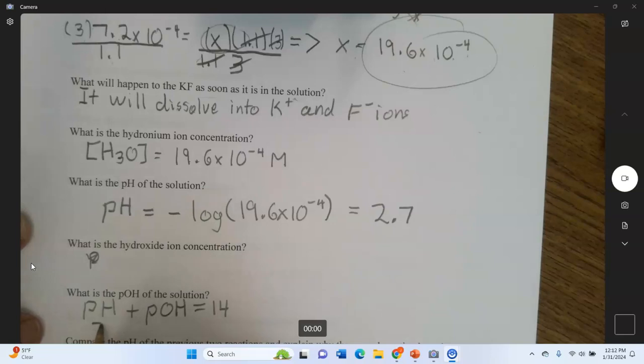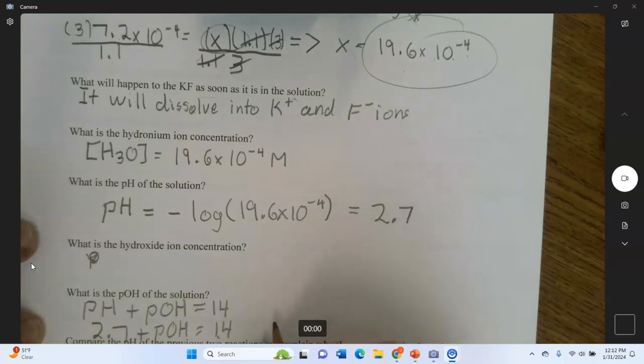Okay, so the pH we just said is 2.7 plus pOH equals 14. So you're going to subtract 14 minus 2.7. That's going to give you 11.3. So pOH equals 11.3.